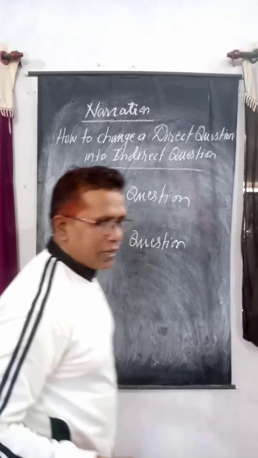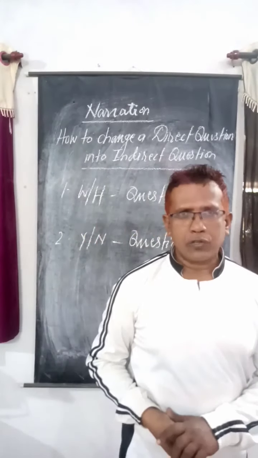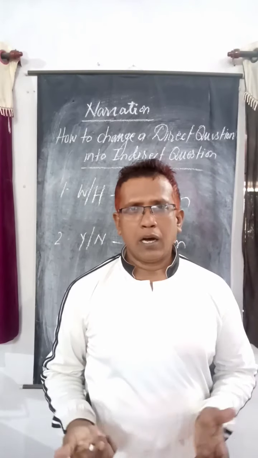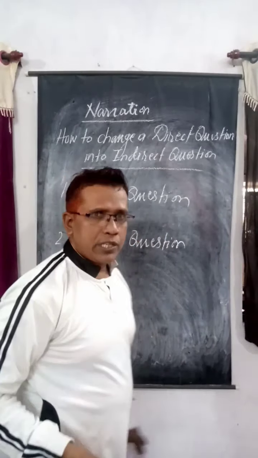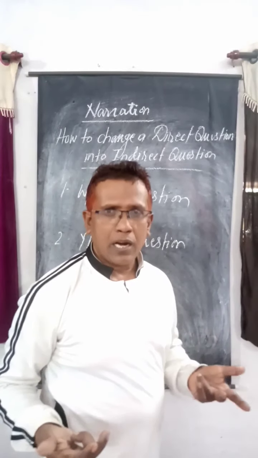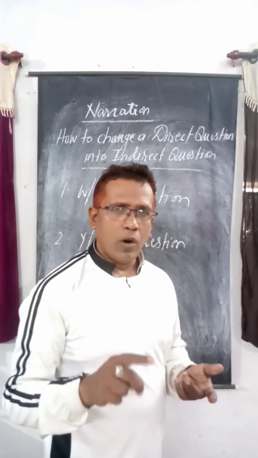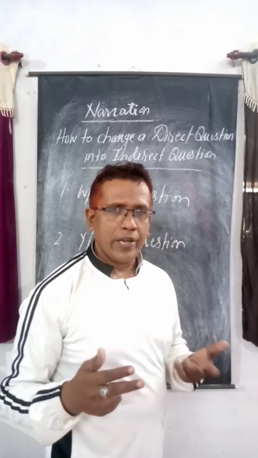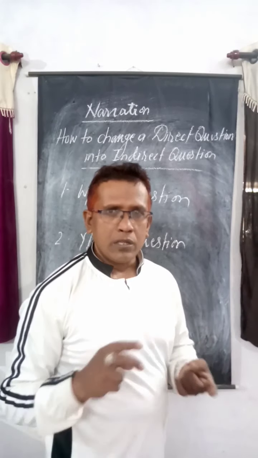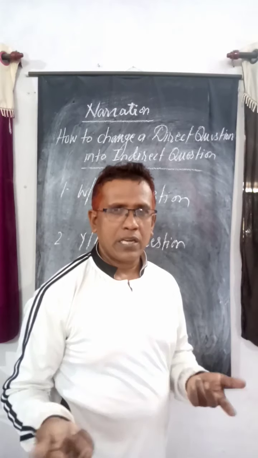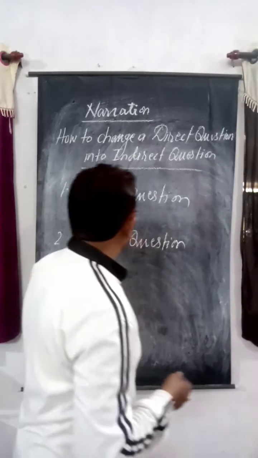Now you will ask, what is a yes no question, what is a WH question. WH questions are the questions that generally start with what, where, when, whom, whose, how. These are the words through which we can start a WH question.